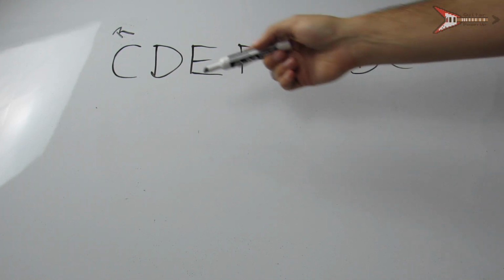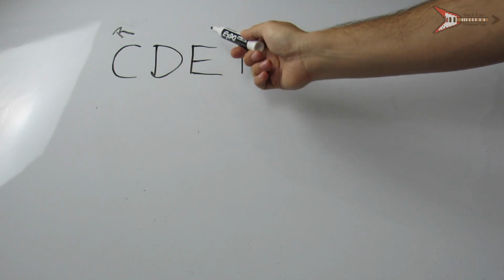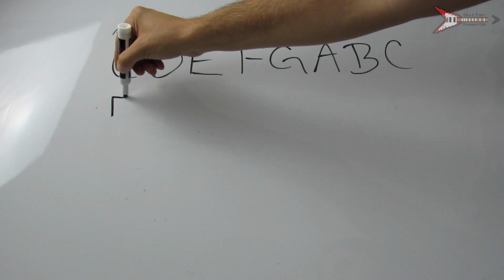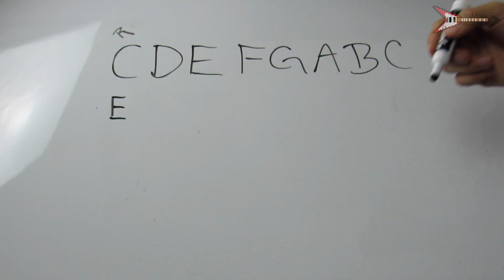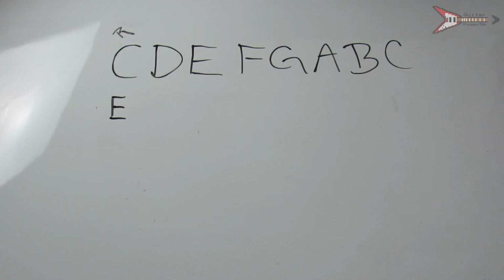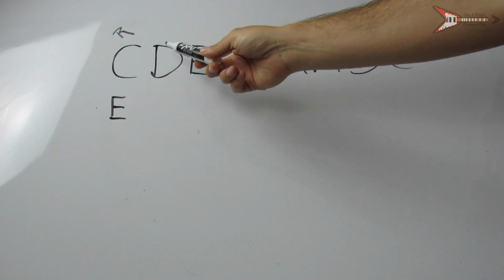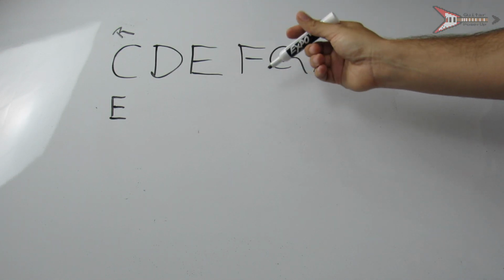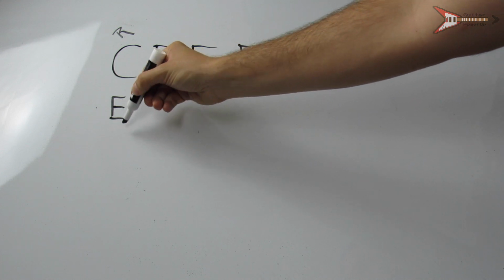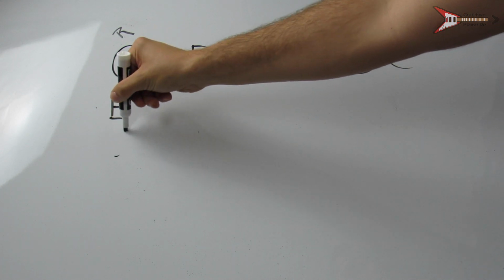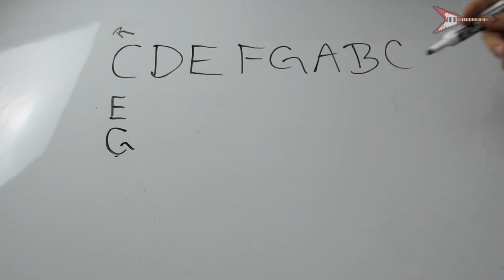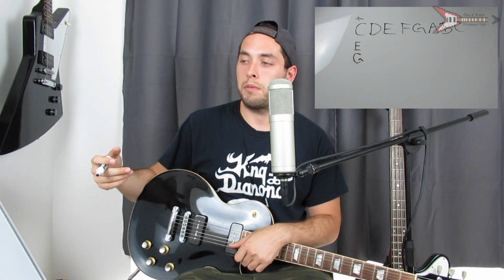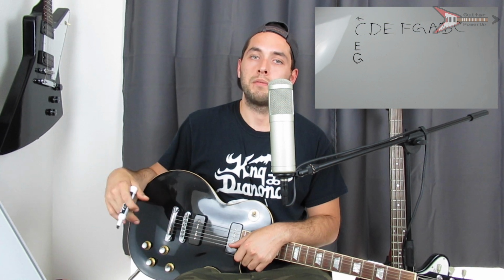So we're going to count 1, 2, 3, and that's our third, which is an E. And then we also need a fifth. So we're going to count 1, 2, 3, 4, 5. And that's our fifth, which is G. So our one chord in the key of C is made up of C, E, and G.